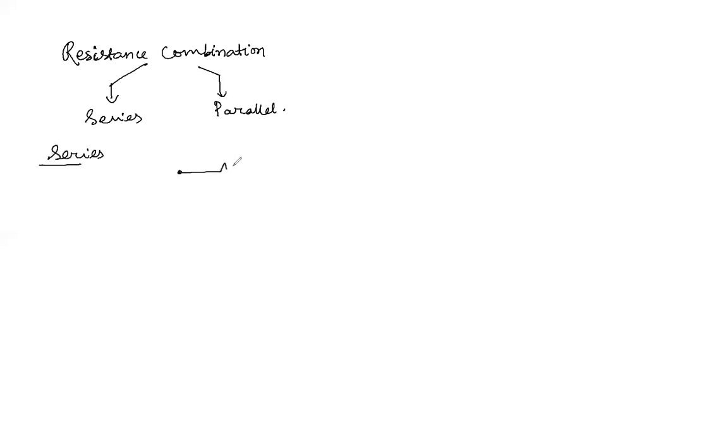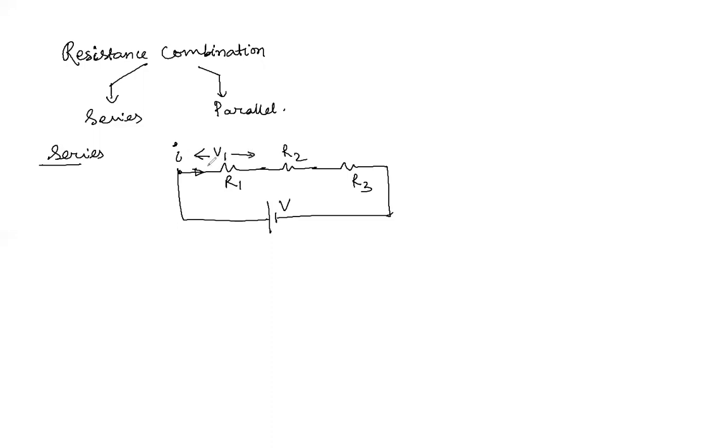I'm taking three resistances, R1, R2 and R3. As we connect it to a supply voltage, let it have a supply voltage of V, so the current will start to flow. Now you know that all these resistors are going to receive the same amount of current. So the potential difference across R1 is going to be I into R1, V1, and here it is V2, and in this case it is V3.